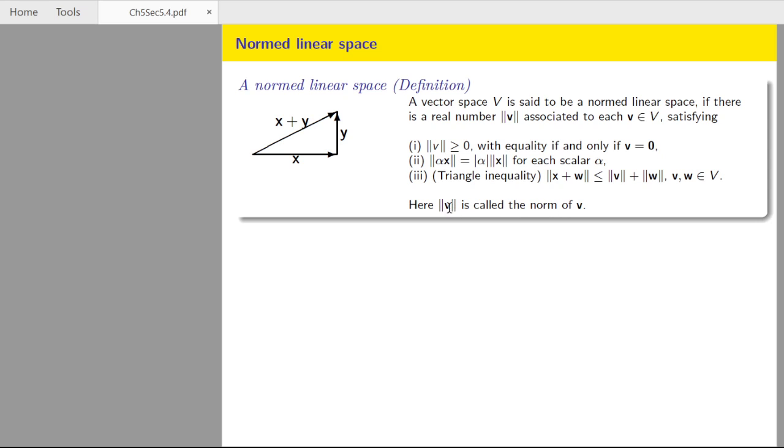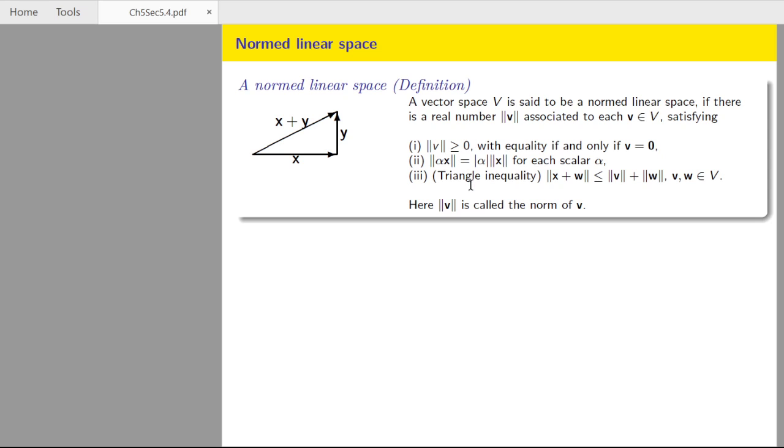Now recall earlier we introduced the length or the norm of a vector in the inner product space. Now for this, we have three conditions.